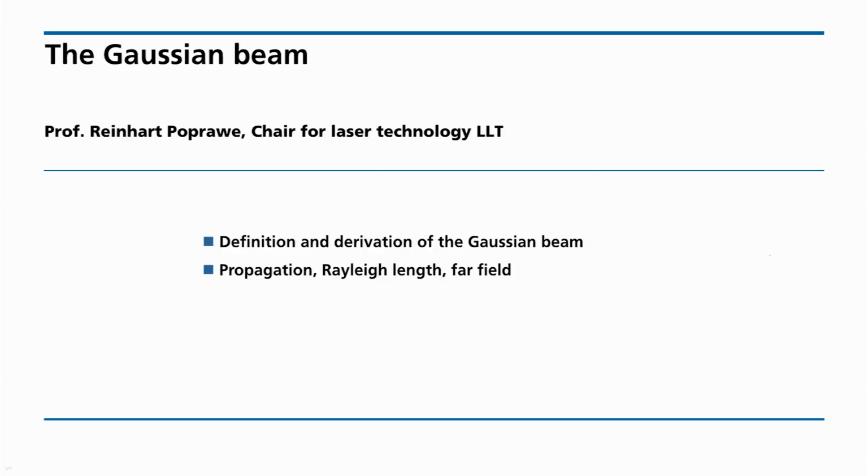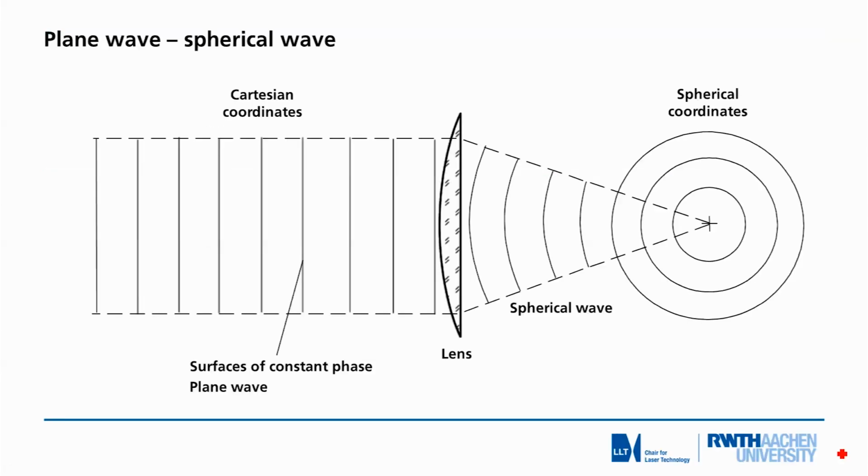As a matter of fact, it is an eigen-solution of a resonator problem, which we can solve and find the Gaussian beam. But this is all too complicated, and in this session we will derive it from a very phenomenological point of view, as I will show you in a second.